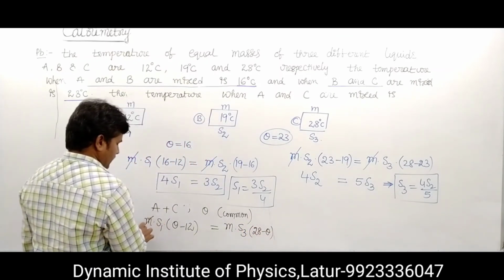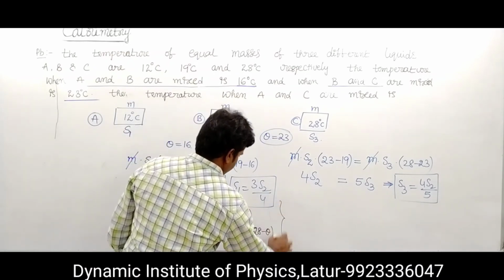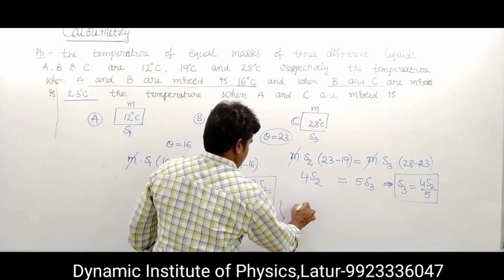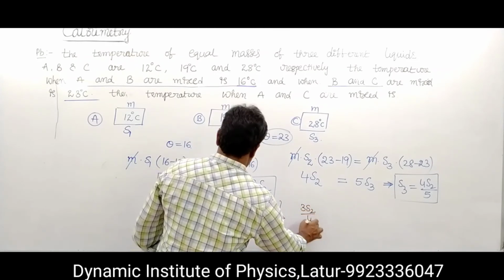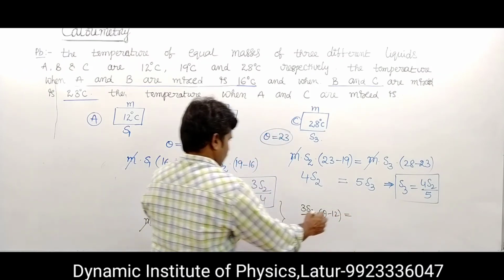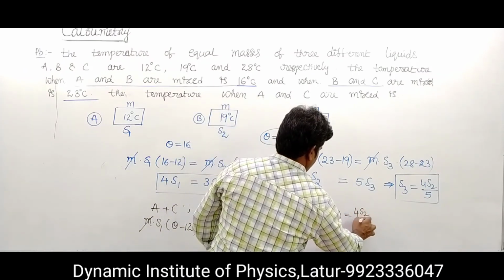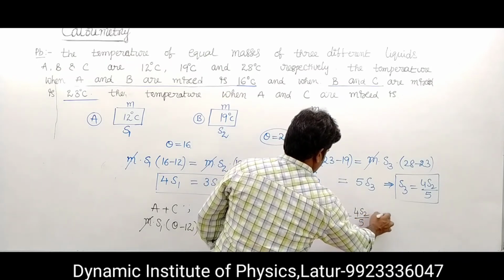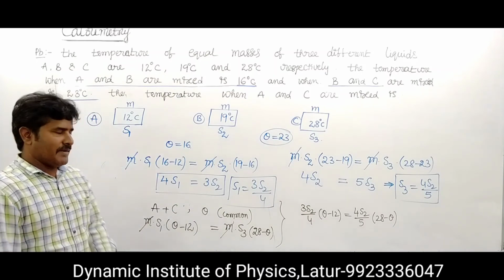With S1 as 3S2 by 4 and S3 as 4S2 by 5, we want the value of theta, the common temperature.